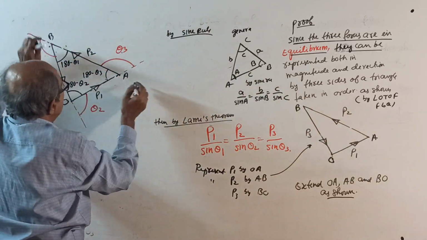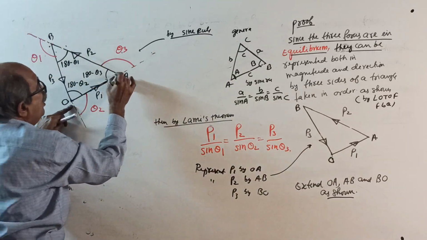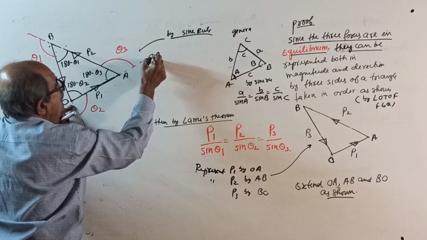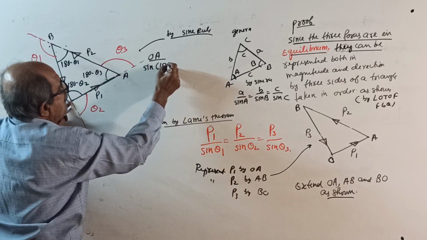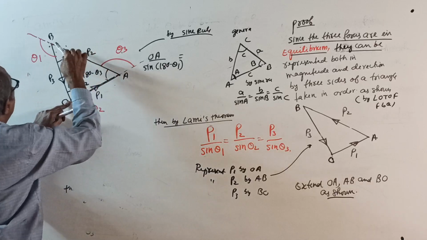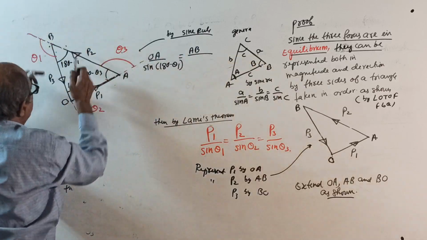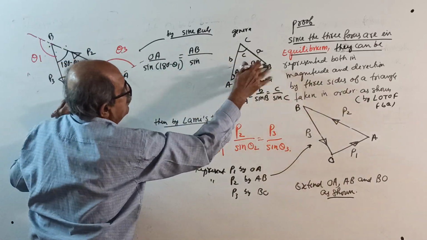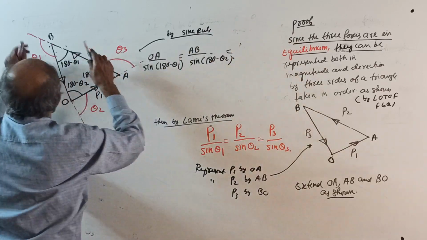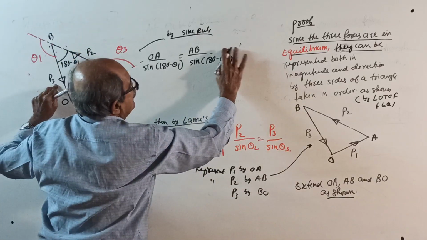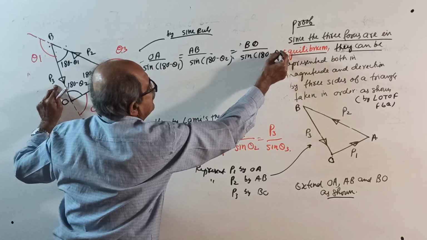Therefore, by sine rule for this sketch, OA divided by sine 180 minus theta 1 equal to AB divided by sine 180 minus theta 2 equal to BO divided by sine 180 minus theta 3.